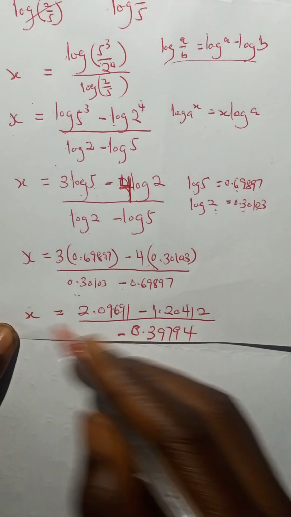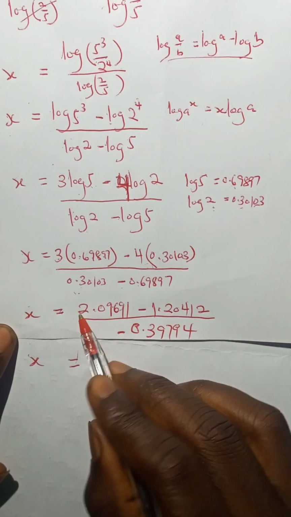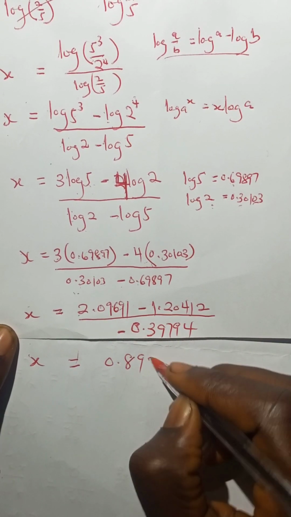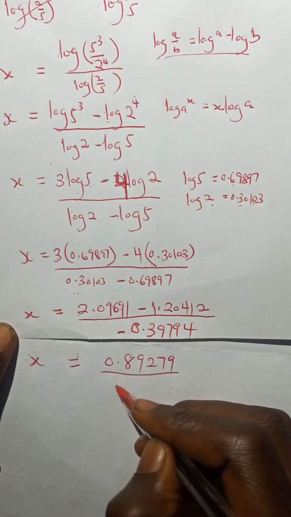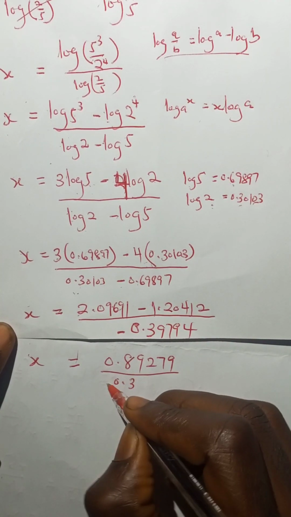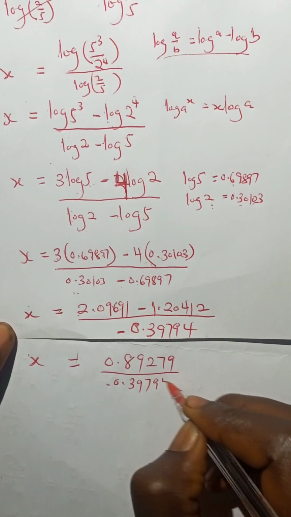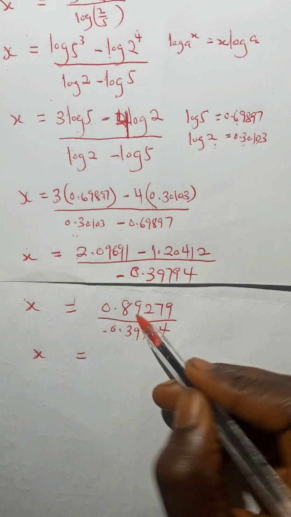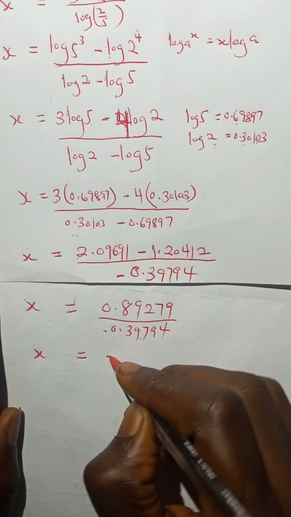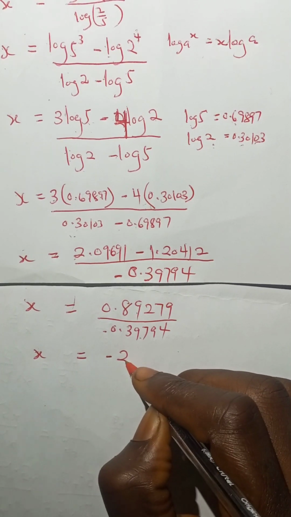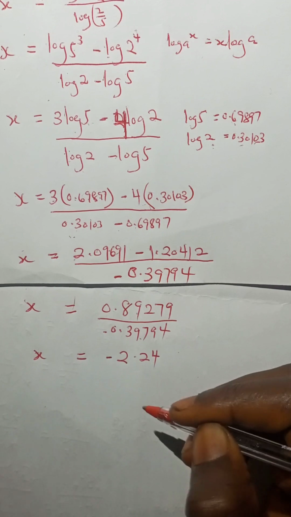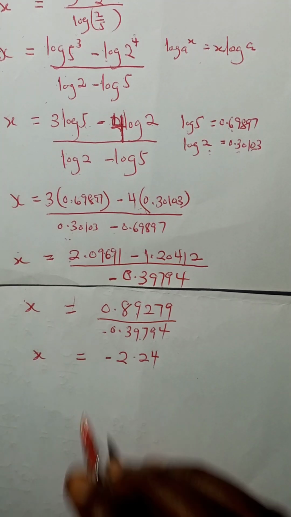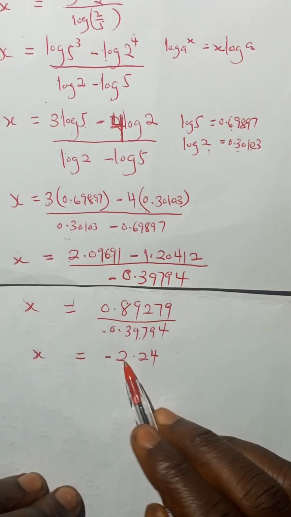Okay, so let's proceed. x equals this minus this will give us 0.89279 over negative 0.39794. So x equals this divided by this will give us negative 2.24. Okay, so x equals negative 2.24.